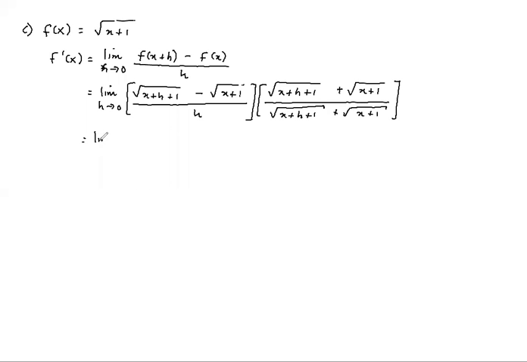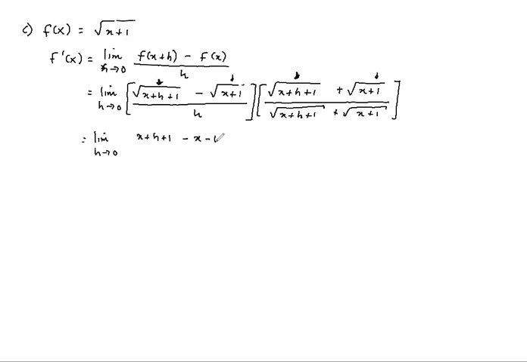which is the limit as h goes to 0. The numerator, when you multiply this part by that part, you get x plus h plus 1. And when you cross multiply the other parts, you get 0. And then the other part, you get minus x.